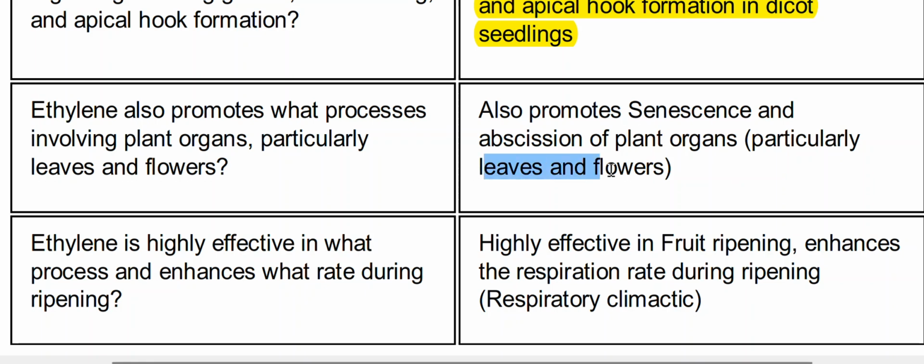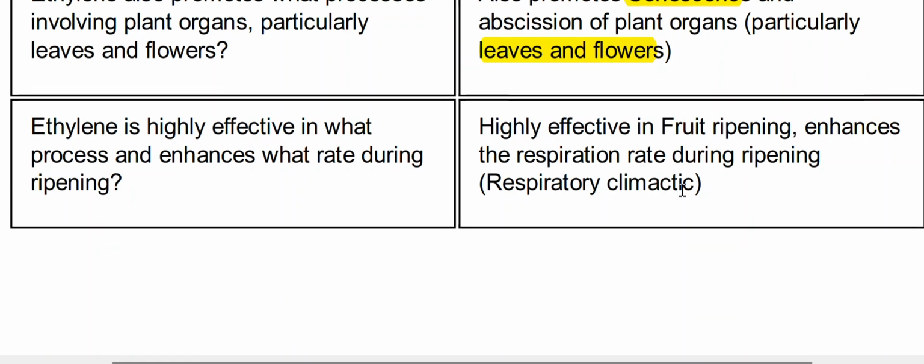Ethylene is highly effective in fruit ripening. It increases the respiration rate, so it is called the respiratory climacteric.